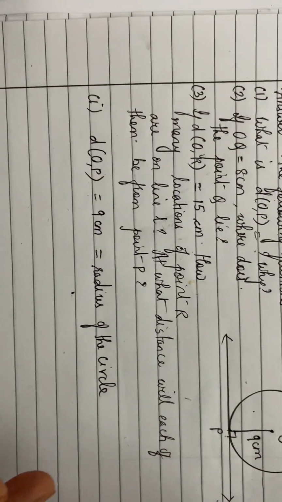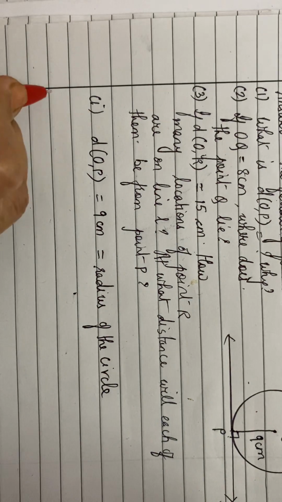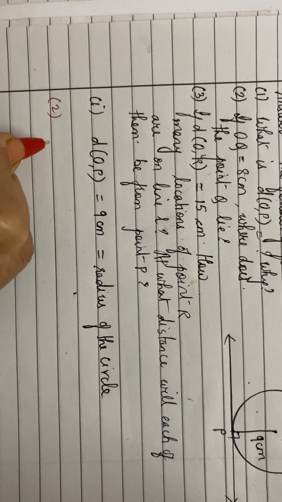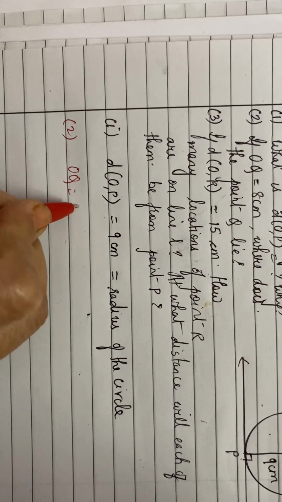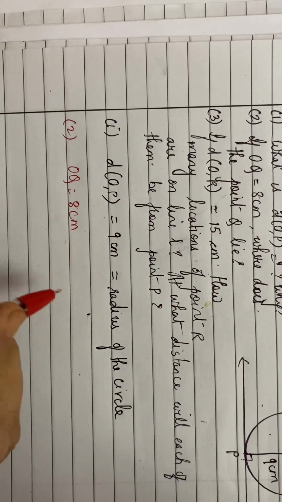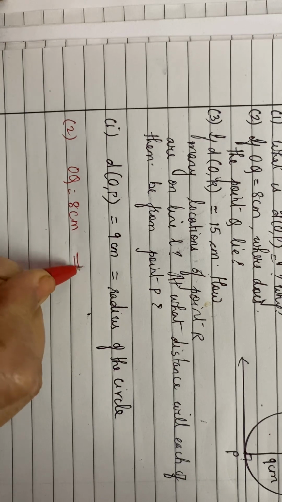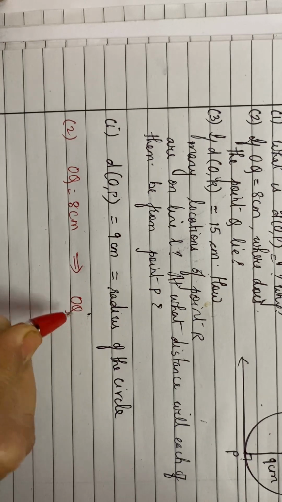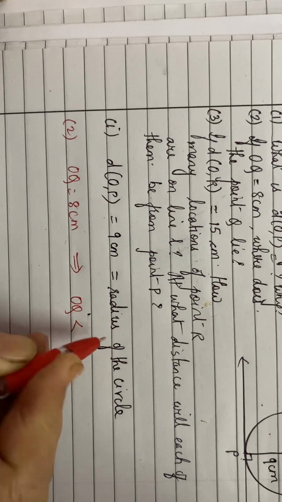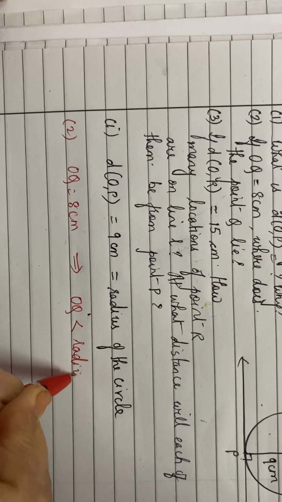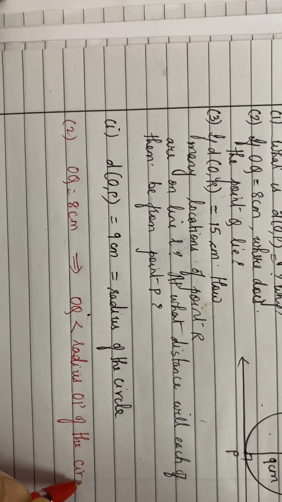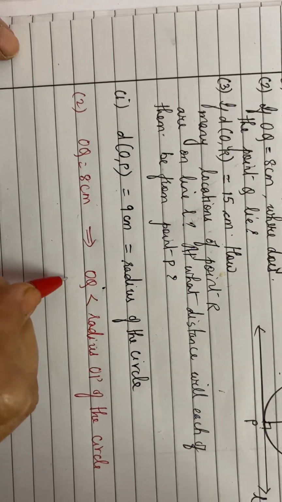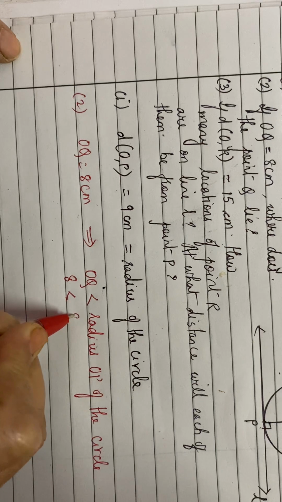So how do we write the answer for the second one? For the second, OQ is equal to 8 centimeter. This implies OQ is smaller than the radius OP of the circle. 8 is smaller than 9.